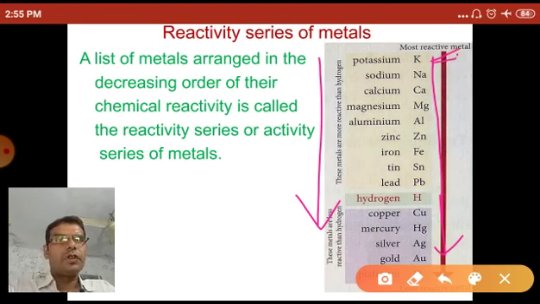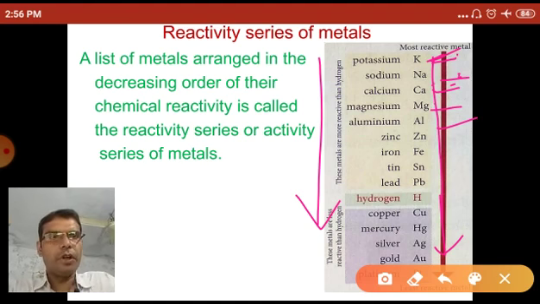Potassium is the most reactive metal, and platinum is the least reactive metal. Sodium is less reactive than potassium, calcium is less reactive than sodium and potassium, magnesium is less reactive than sodium, potassium and calcium, and aluminum is also less reactive than sodium, potassium, calcium and magnesium. So when we move from top to bottom in the reactivity series, the reactivity decreases.